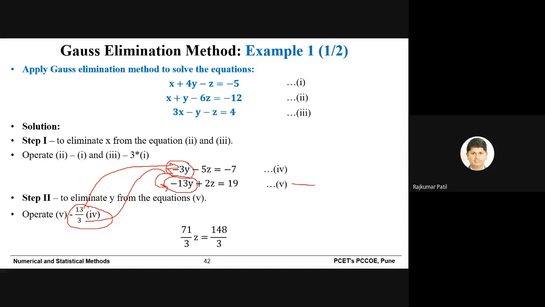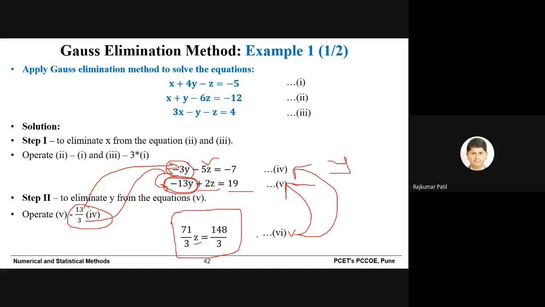So you can easily eliminate the term minus 13y from equation number 5. Similarly, you will get modified values for 2z and 19. After simplification, we get 71 upon 3 z equal to 148 upon 3, and this will be equation number 6. From equation number 6, you can easily get the value of z. Again, you can put this value of z in either equation number 5 or equation number 4 to calculate the value of y.